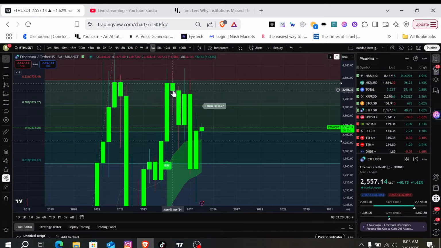By that I mean your main support, your main resistance, and that's where each 3 monthly closes. So this will be one area, this will be one area, and so on, all the way down. Then, depending on how much they stayed in a certain area, I would section them out. For example, this area right here will be from right here to right here.